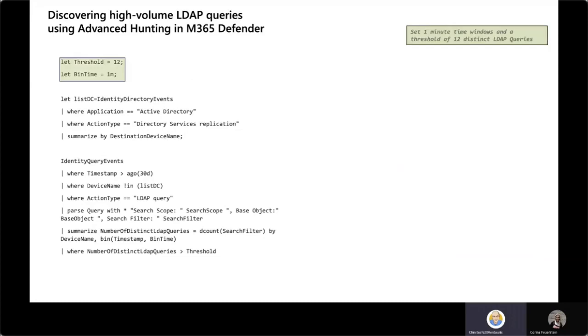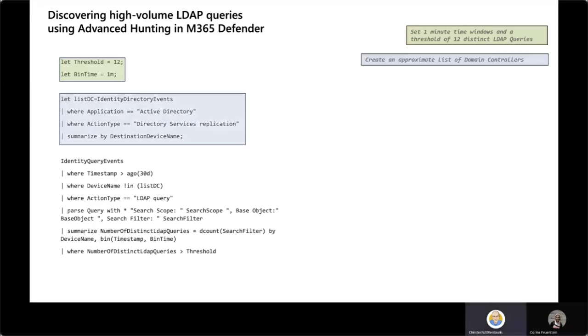Now, the query starts by setting a time window of 1 minute and a threshold of 12 LDAP queries per minute. To distinguish legitimate from illegitimate DC traffic, the query creates an approximate list of domain controllers in the environment by looking for directory replication events between monitored devices.